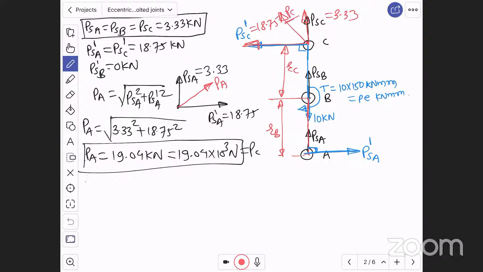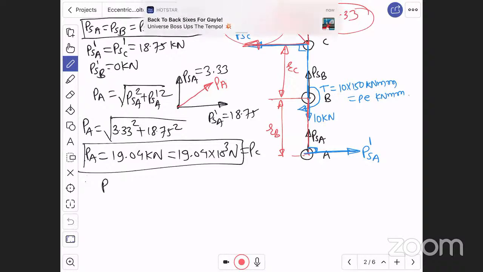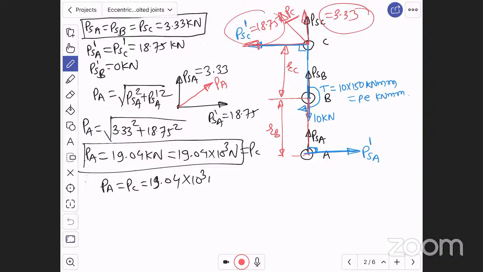Therefore PC will be the resultant of 3.33 and 18.75 perpendicular to each other. The answer will be the same. Similarly, we have calculated the resultant on A is equal to the resultant on C, which is 19.04 into 10 to the power 3 Newton.